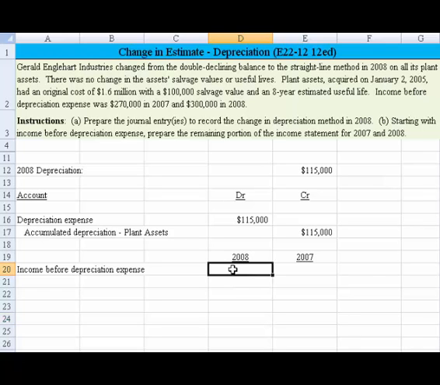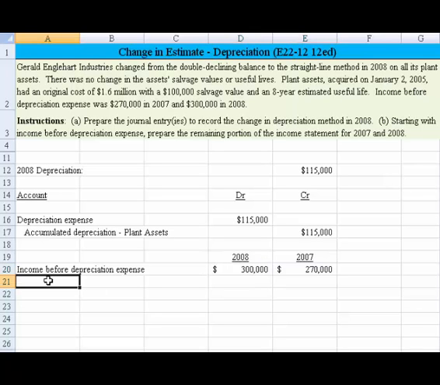Okay, so the income before depreciation expense, hopefully they gave us a little bit there. Income before depreciation was $270,000 and $300,000, so let me put that in. $270,000 for 2007 and $300,000 for 2008, and I'll format that correctly.